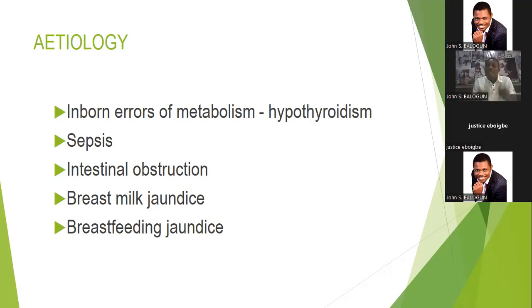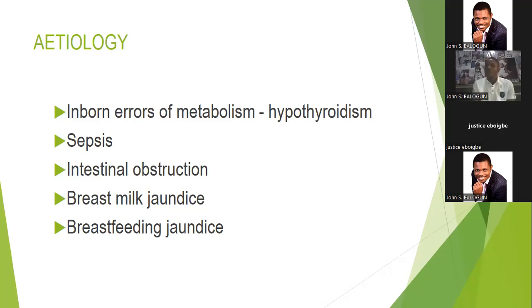While the bilirubin is inside the intestine, as the baby eats through the mouth, a content of the breast milk goes into the intestine and deconjugates the already conjugated bilirubin, such that the conjugated bilirubin becomes non-conjugated. Any non-conjugated bilirubin can easily be reabsorbed into the system and go back to the liver. So breast milk jaundice can cause increased enterohepatic circulation, and when that happens, there will be hyperbilirubinemia.